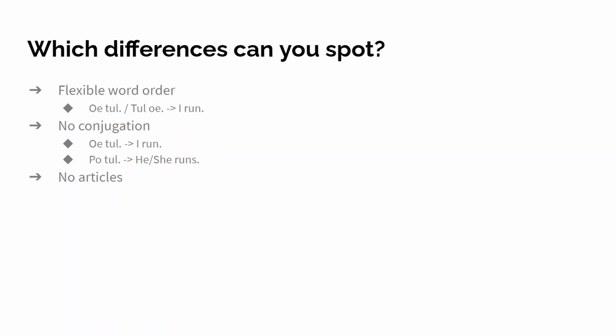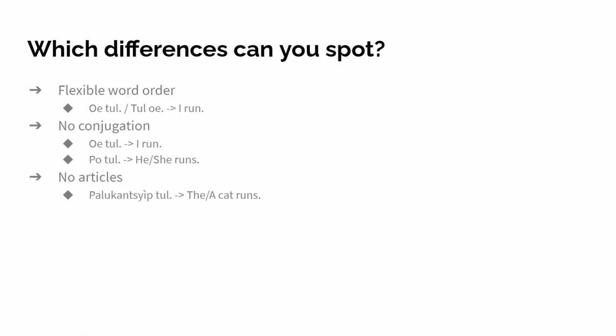There are no articles. We had balukan tiep dul, and it can mean both, the or a cat runs. NATVI has no the or a or an or anything like that, which makes a lot of things easier because in some languages we have this really complicated article system with different genders and everything that doesn't exist in NATVI.